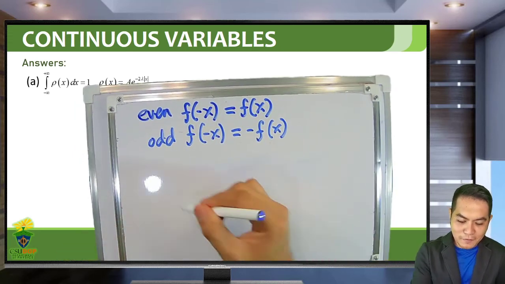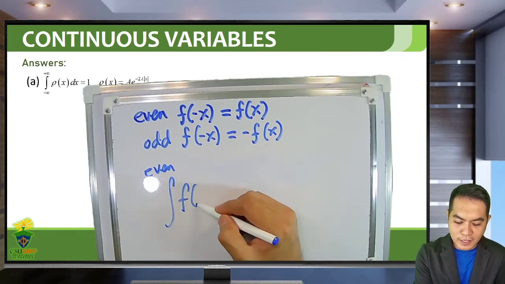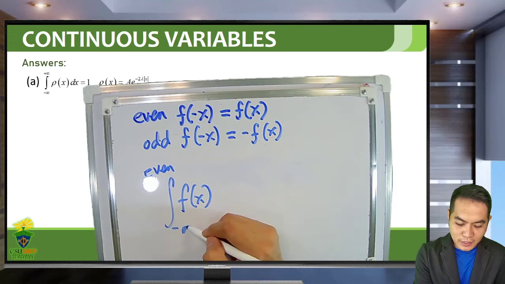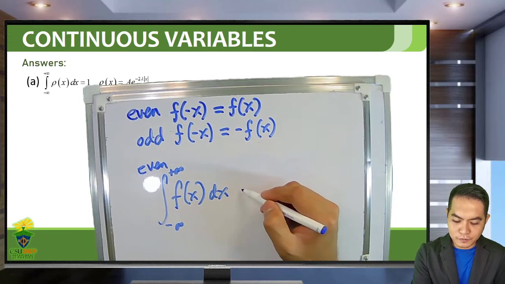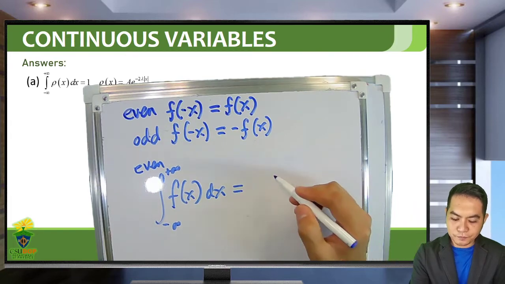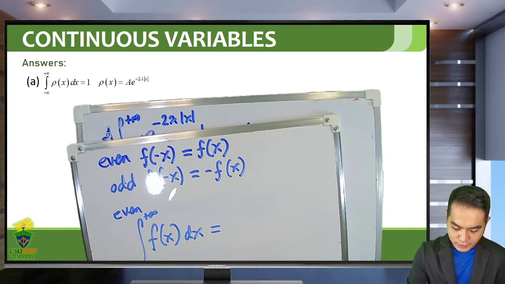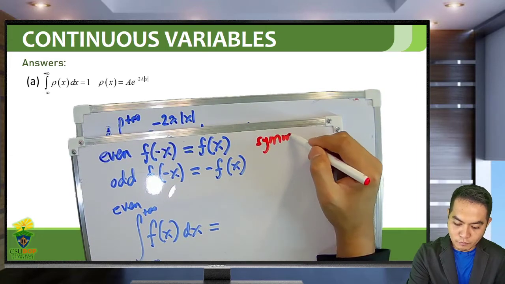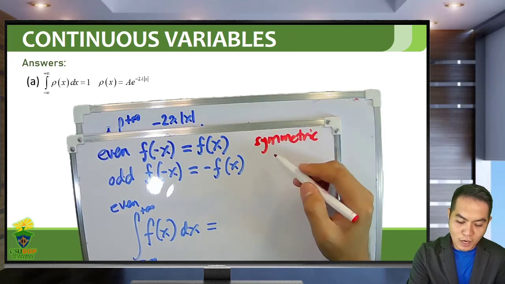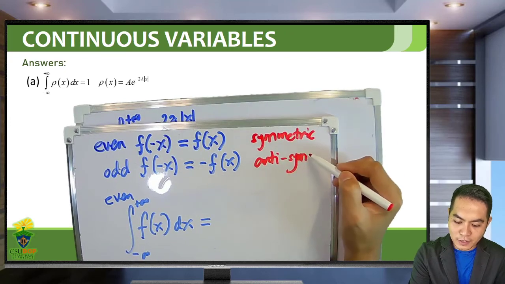So if you have an even function f of x and you integrate it over even limits, then note that even functions are symmetric, while odd functions are anti-symmetric.